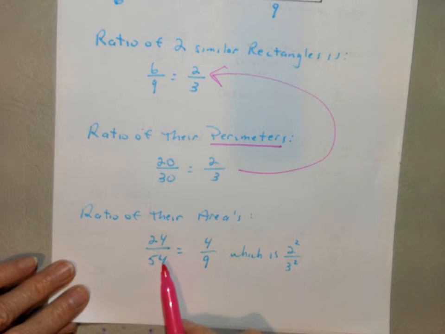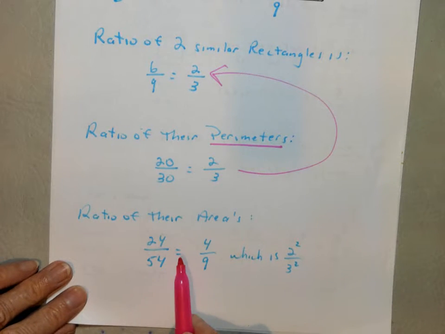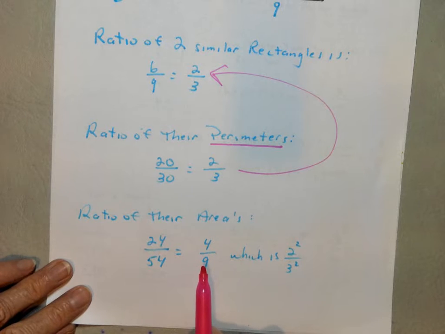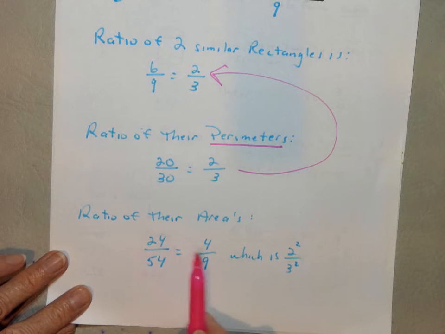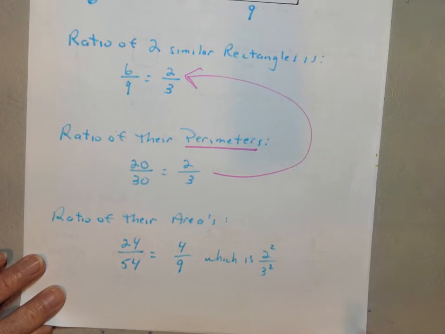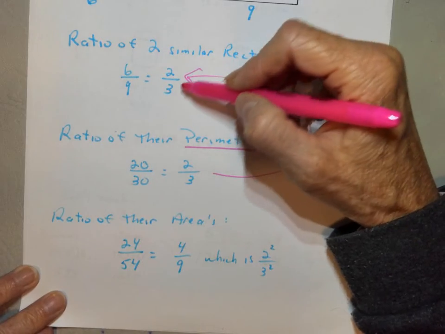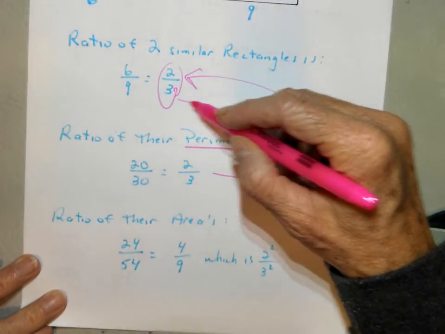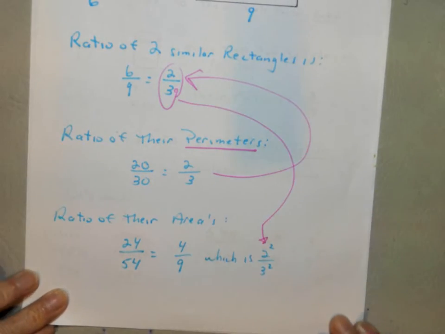So 24 over 54 will reduce to 4 over 9 if you divide by 6. 6 times 4 is 24. 6 times 9 is 54. So 4 over 9 is the ratio of what the scale factor was, 2 squared over 3 squared. So that's how you can see that it works.